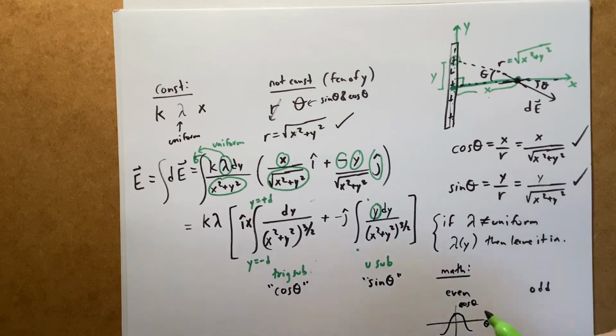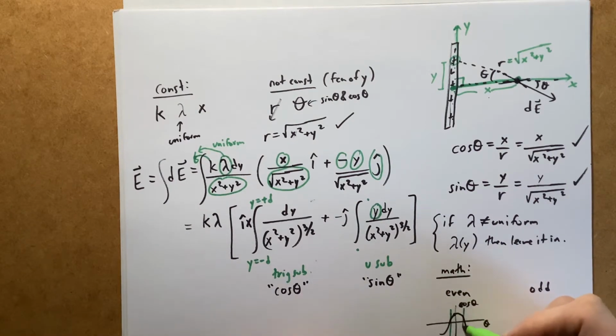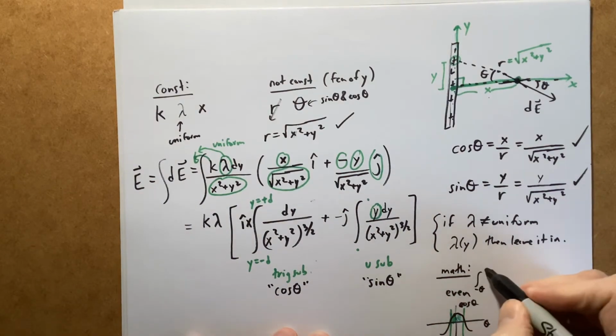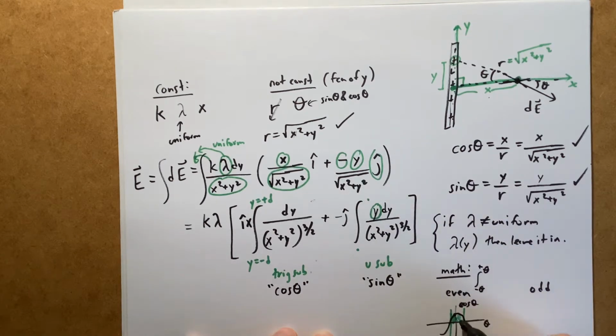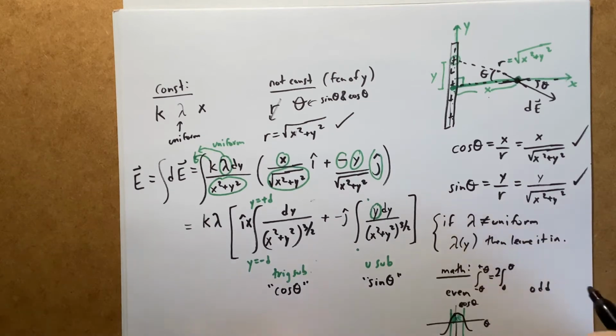I didn't draw it terribly well, but what I want to point out is that if you are integrating symmetrically around the origin, like say from here to here, the area under the curve here versus here is actually the same. And so if you're integrating from a same angle on the negative side to the same angle on the positive side, you can save yourself some trouble by just integrating from 0 to theta and multiplying by 2. That's actually going to give you the same thing because the two areas are the same.